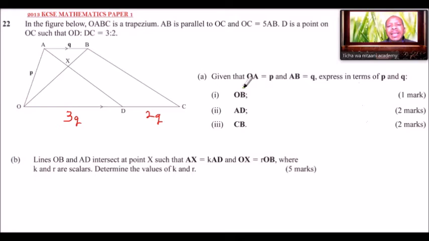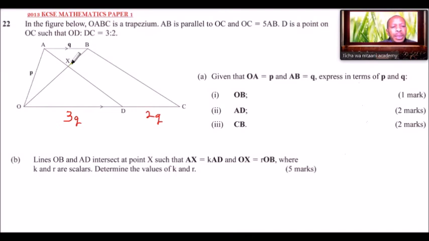So part A, given that OA is equal to P, and AB is equal to Q, express in terms of P and Q, OB. So this is our OB. To describe OB is to describe an alternative route to move from O to B. We can follow OC to CB. That is one way.